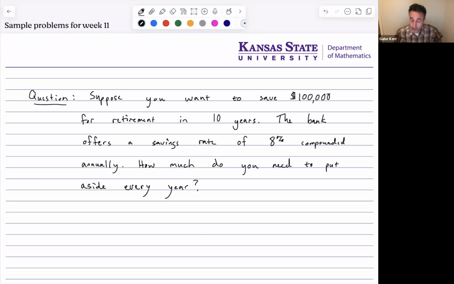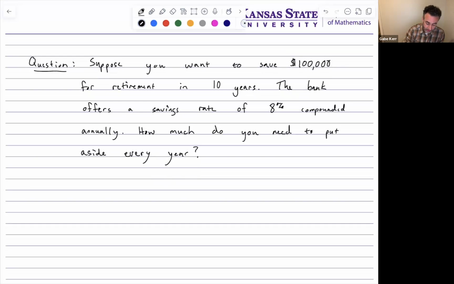So this is a typical kind of question. It's on a few of the homeworks that you have this week. And how do you go about solving a question like this? So let's take a look. So the first thing to do is to determine what kind of formula you can use to answer this question.